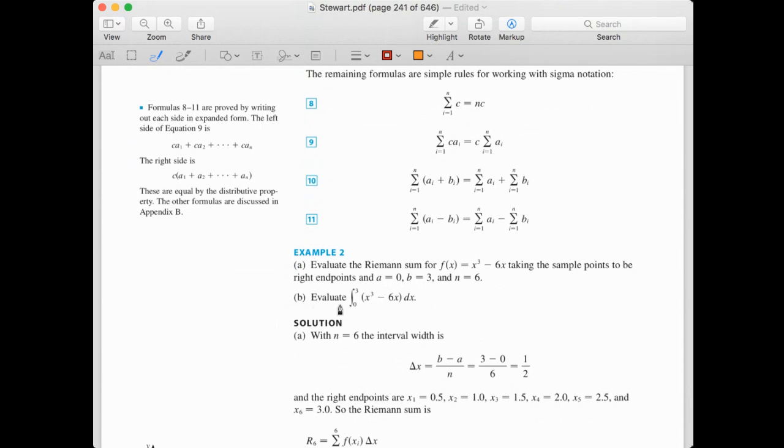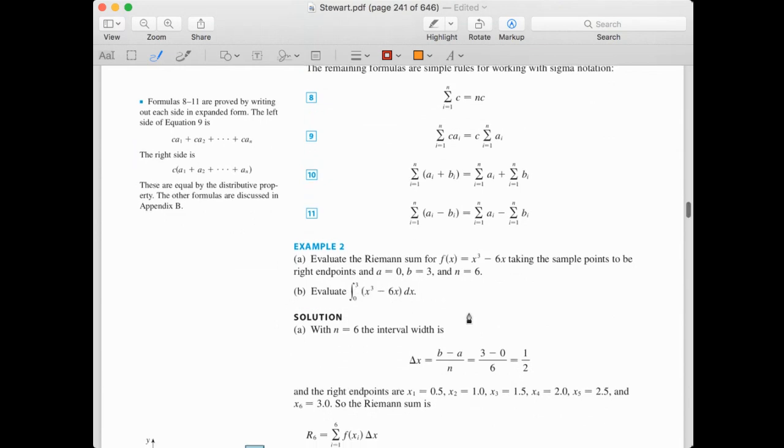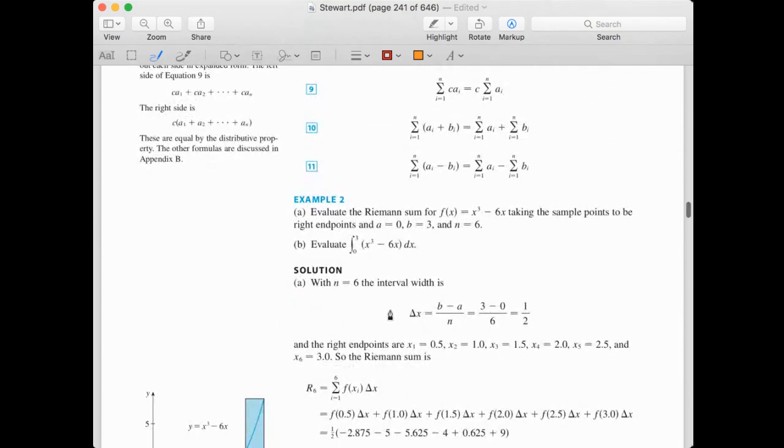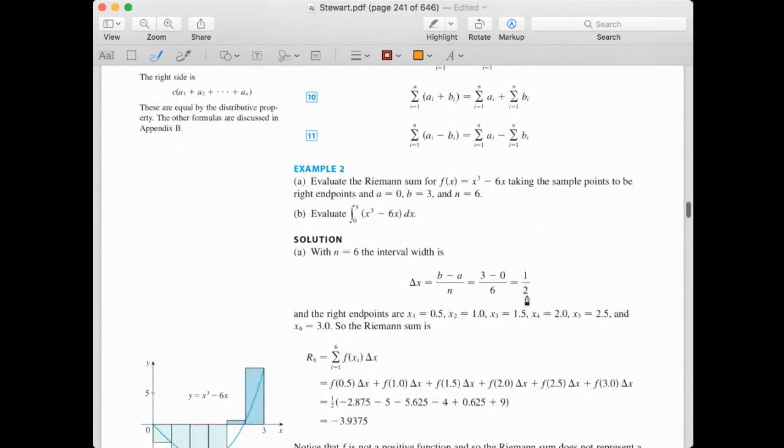So we evaluate the integral with lower limit 0 and upper limit 3 of the function dx. With n equals 6, delta x equals b minus a divided by n, which is 3 minus 0 divided by 6, which is one half.